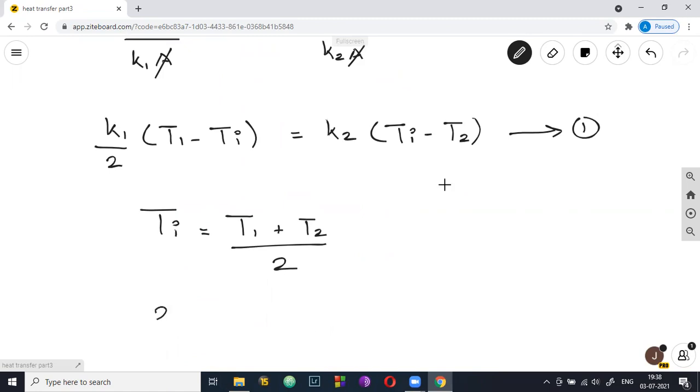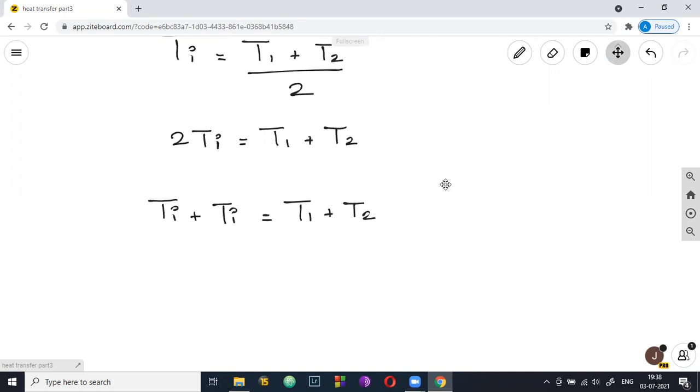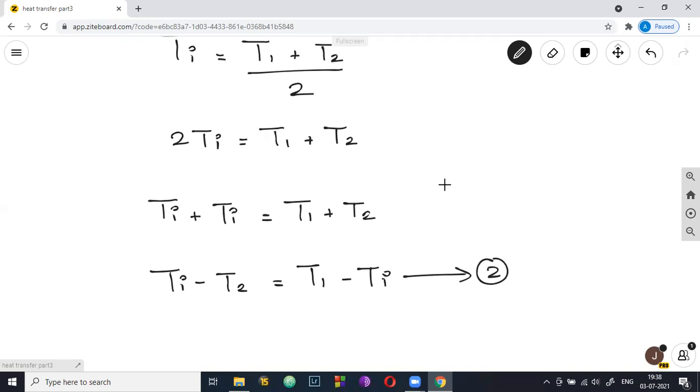So 2Ti is equal to T1 plus T2. 2Ti can be written as Ti plus Ti is equal to T1 plus T2. Now take T2 to the left-hand side and one Ti to the right-hand side. So Ti minus T2 is equal to T1 minus Ti. This is your equation number 2.